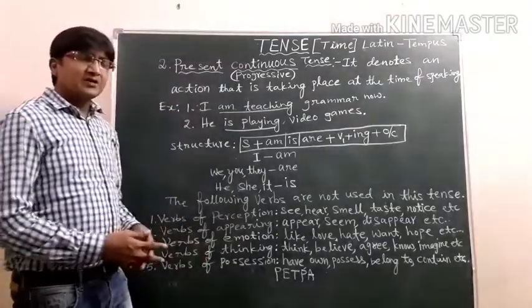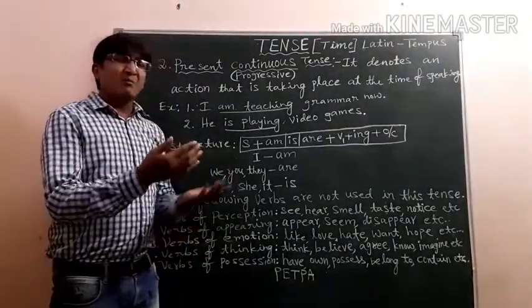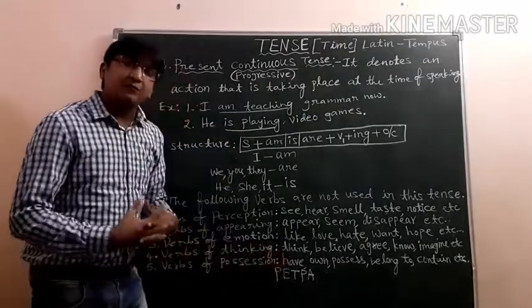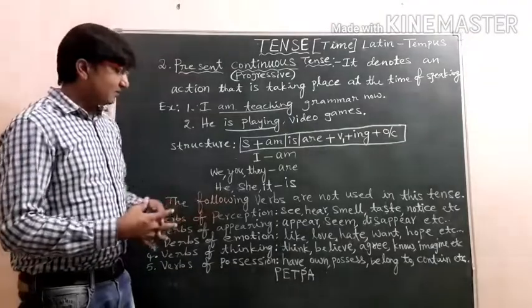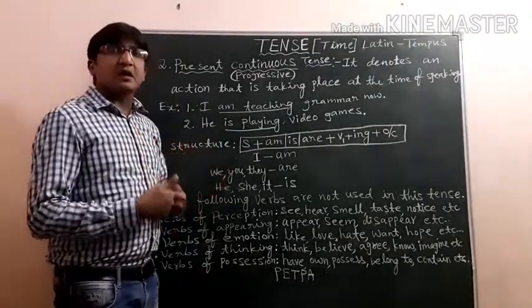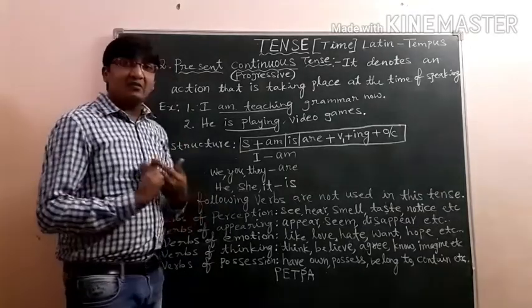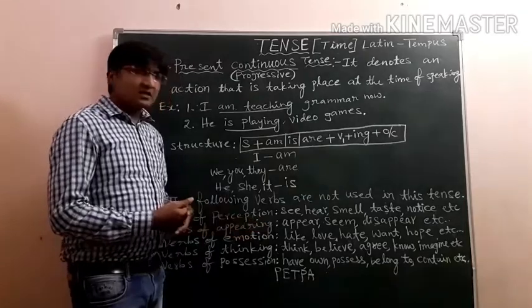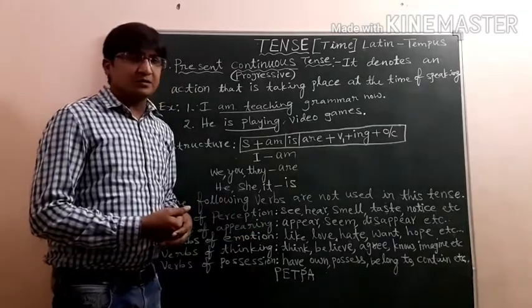The common error done by many of us is we use have in ing form. For example, we say I am having a class. Generally teachers say I am having a class. That's wrong, because have is not used in continuous tense.